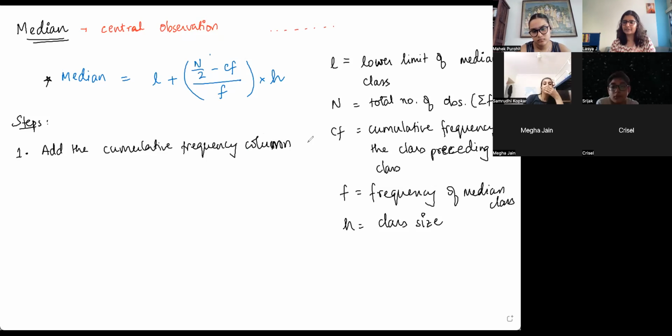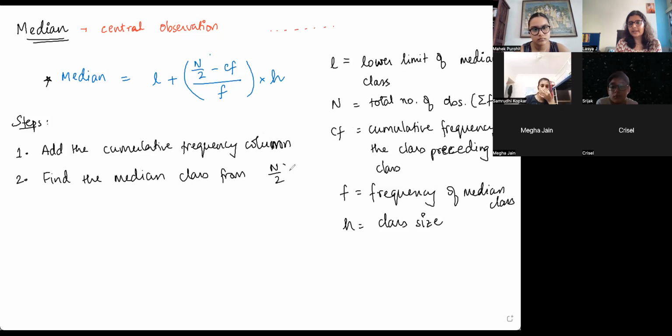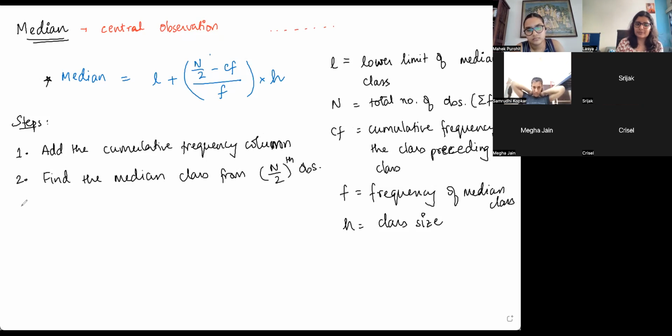Figure out the cumulative frequency. Once you have the cumulative frequency, then you find the median class from the n by 2 value. Where the n by 2 observation lies will give you the median class. Figure out n by 2 and find out where it falls. That will give you the median class.